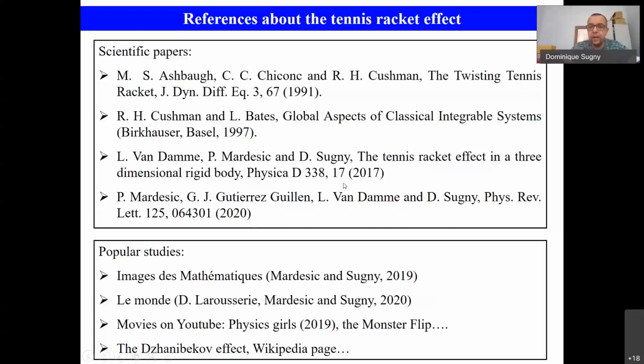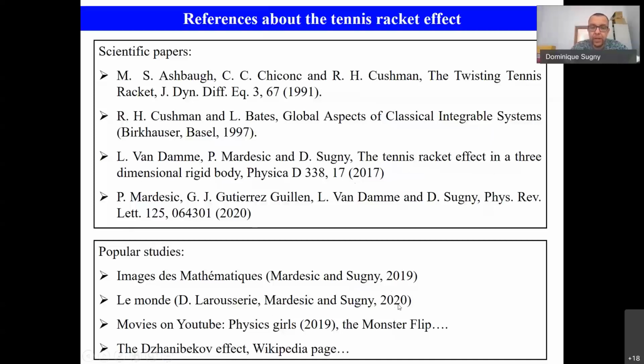That's why, 3 or 4 years ago now, we decided, with my colleagues, to publish 2 papers, one in Physica D and another last year in Physical Review Letters, to explain the physical and the mathematical origin of this effect.